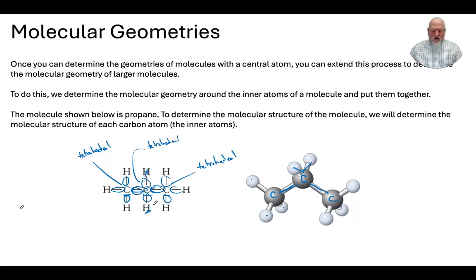And then the carbon on the right has bonds to 3 hydrogens, and it's tetrahedral. So we can see each of these is tetrahedral in its own right. But this gives us a way to depict what the molecule will look like using the theory we just did.